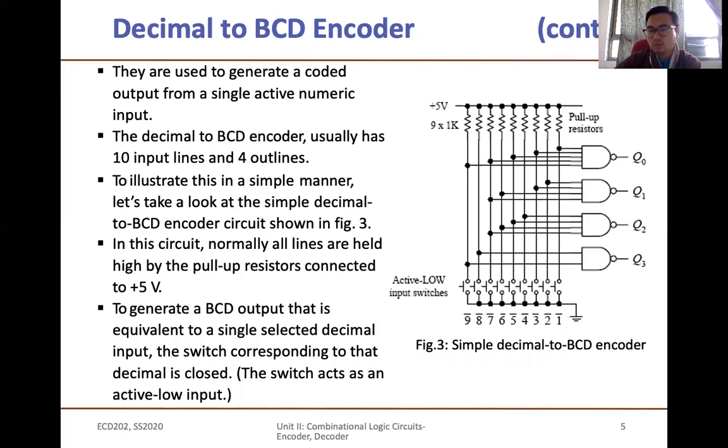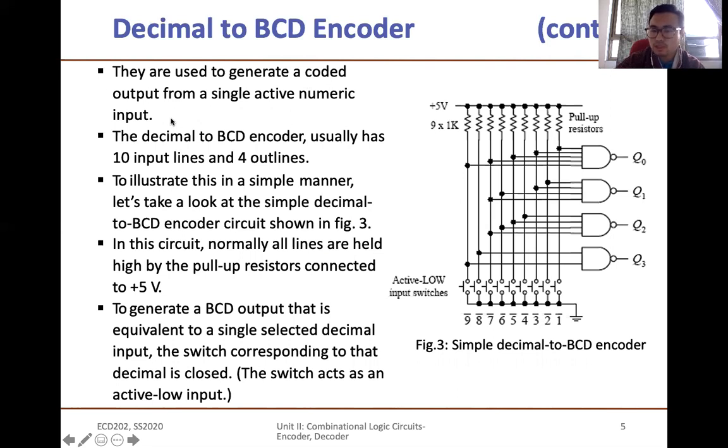If you do not close the switch from 1 to 9, your output will be 0. Therefore, you have 10 inputs when you include 0. They are used to generate coded output from the single active numeric input.